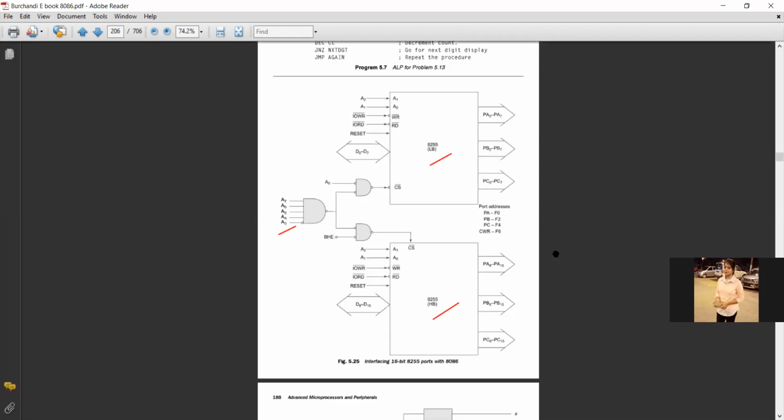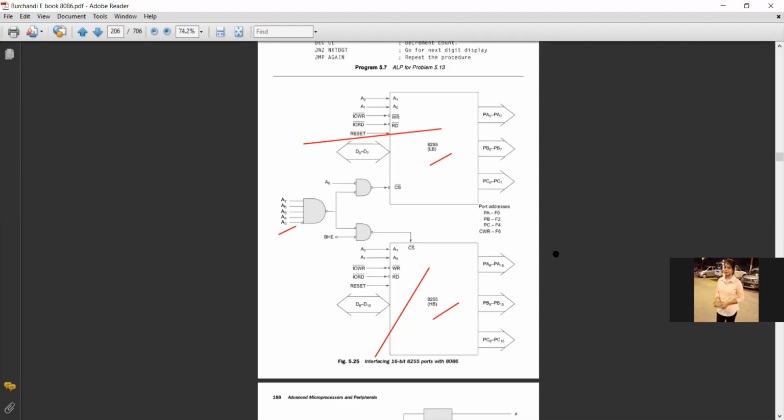I already drew this picture, but till now you have not drawn this kind of picture. So now we have drawn this kind of picture, right? Yes, sir. Here A0 is not connected, but A0 is always 1. At the bottom, A0 will always be 1. Then it will be in the higher bank.